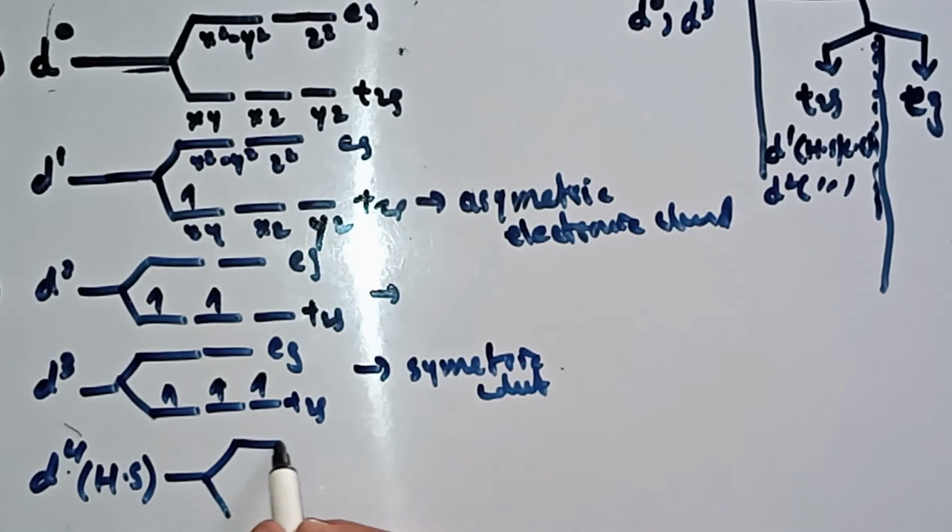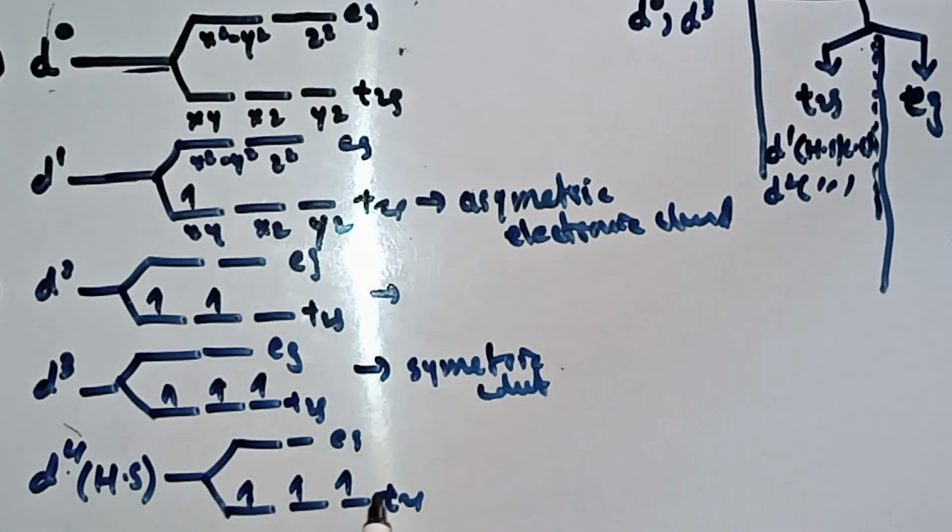Here is the eg orbital, here is the t2g orbital, that is xy, xz, yz. Because this is a high spin complex, weak ligands are used. So one electron will go here, one here, one here. T2g is a symmetric arrangement, while one electron will go into eg, either into z square or into x square minus y square.